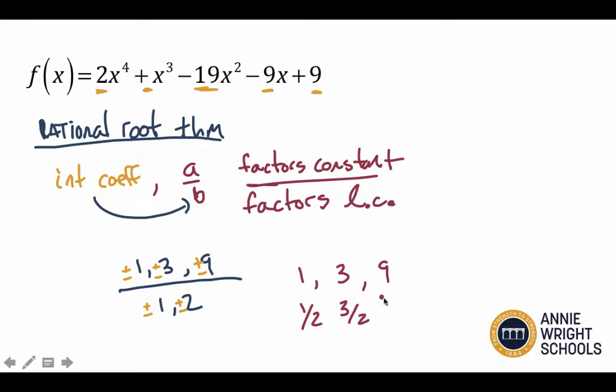And 9 divided by 2 is 9 halves. Now again, you have to account for positive or negative. So this theorem tells us if the polynomial we're looking at has rational roots, then they will be one of these 12 numbers. There's 6 numbers here, but positive and negative of all of them.